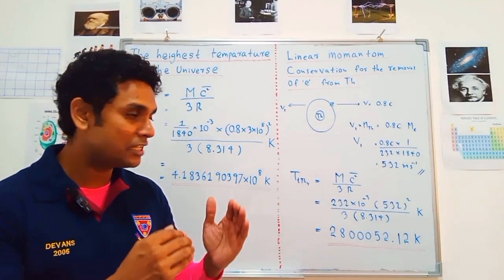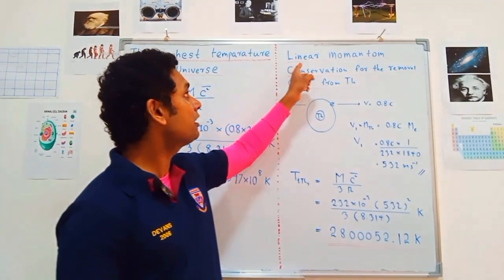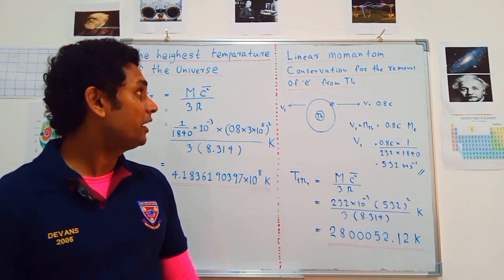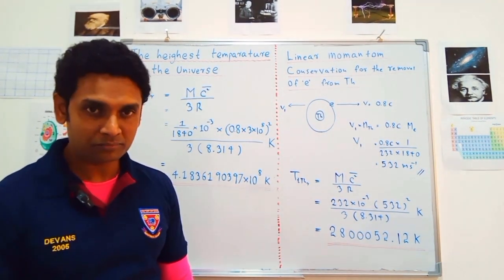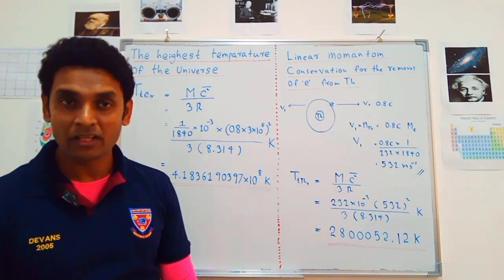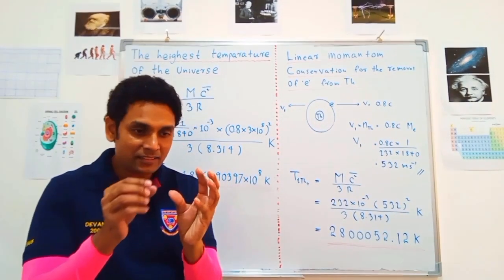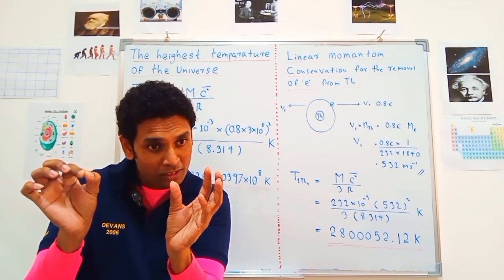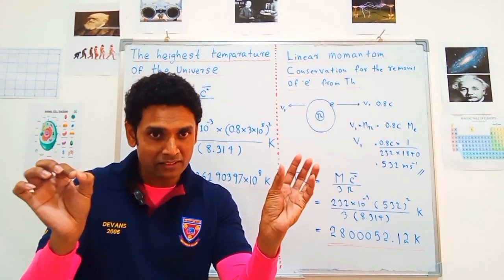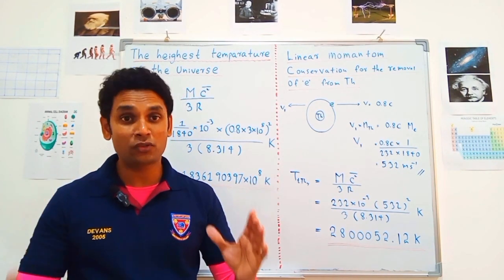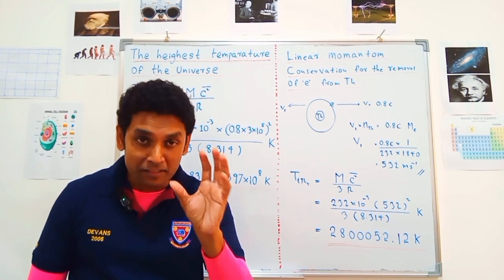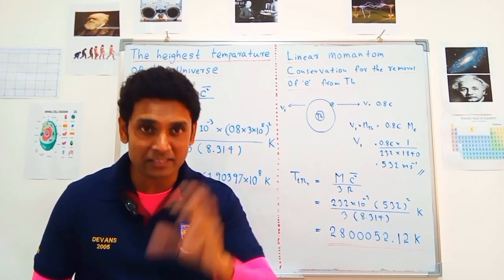Now we are going to take the linear momentum conservation for the removal of an electron from a thorium atom. As the electron jumps out from the thorium atom, the atom is repulsed away. At high temperatures, even though thorium is a heavy atom, it can behave as a gas.